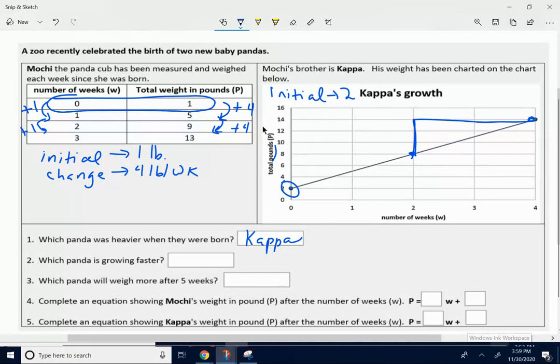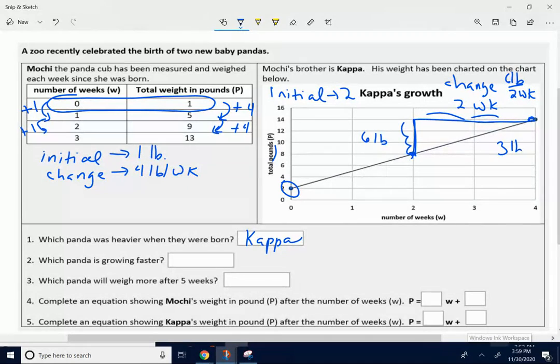Did you notice that? So the rise would be up 6 pounds. The run would be over 2 weeks. So the change for Kappa would be 6 pounds over 2 weeks, which is 3 pounds a week.